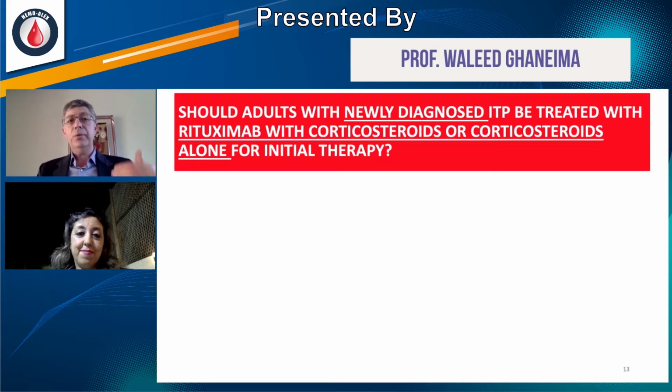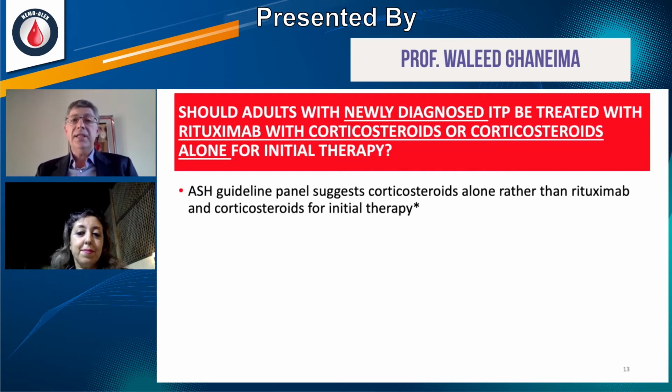And then finally, with regard to the newly diagnosed, should adults with newly diagnosed ITP be treated with rituximab and corticosteroids, or corticosteroids alone for initial therapy?